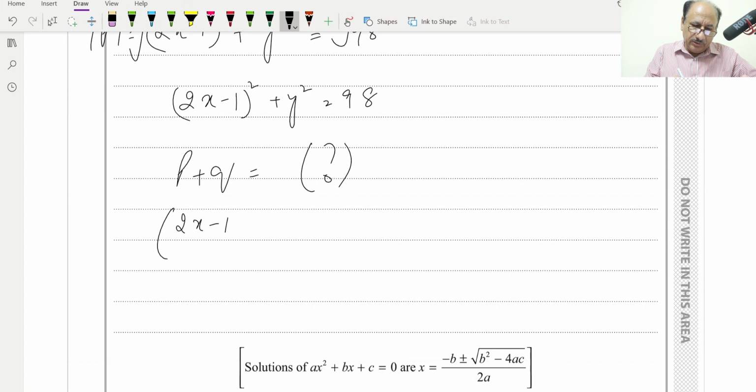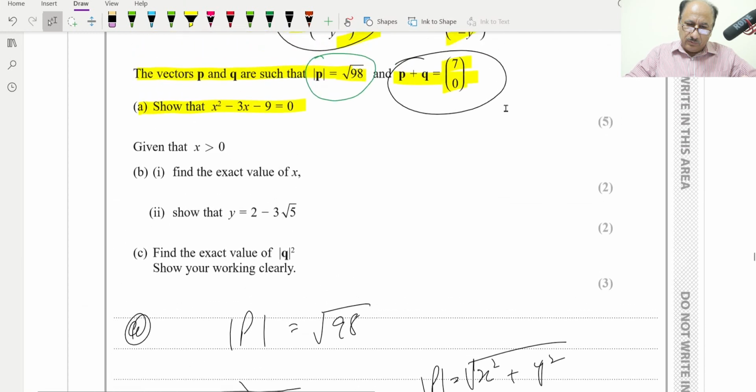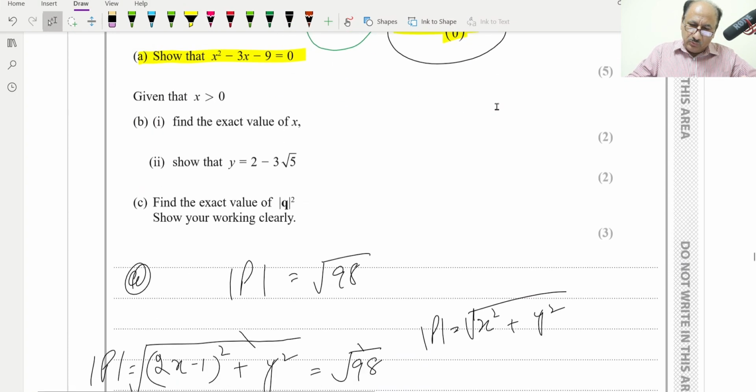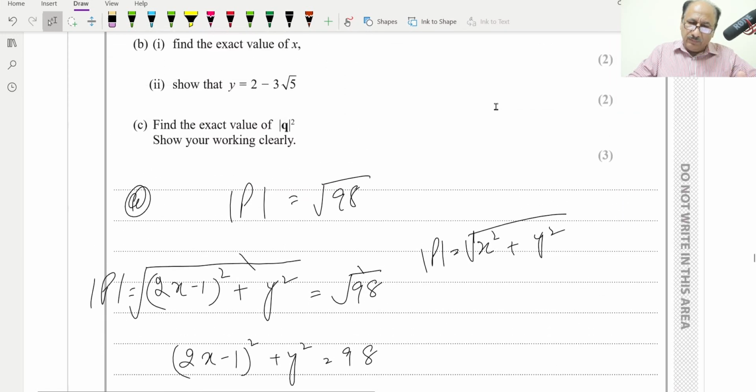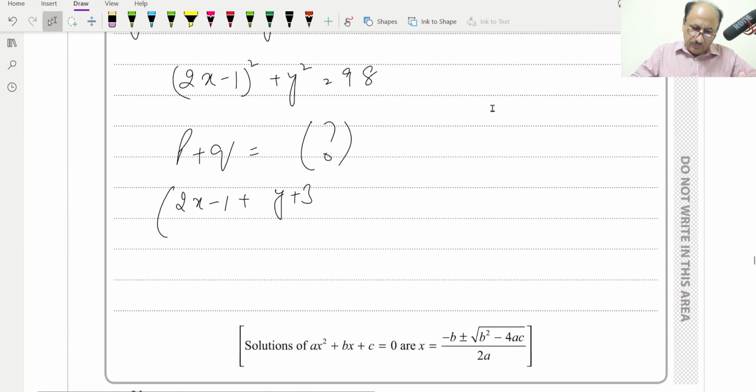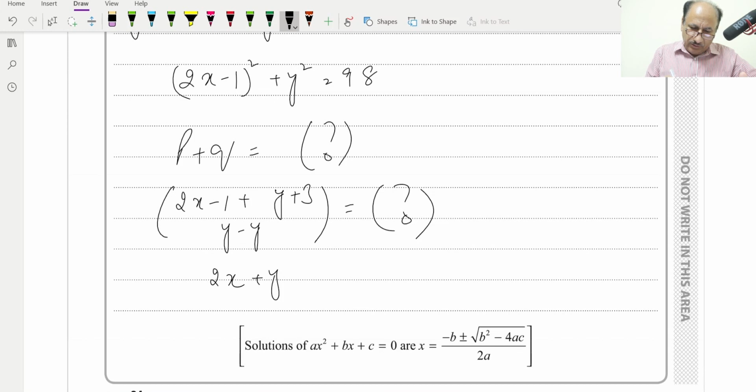P value is 2x minus 1, y, plus Q value is 3, y minus y. We add the components, and this simplifies to (2x plus y plus 2, 0), which is equal to (7, 0).